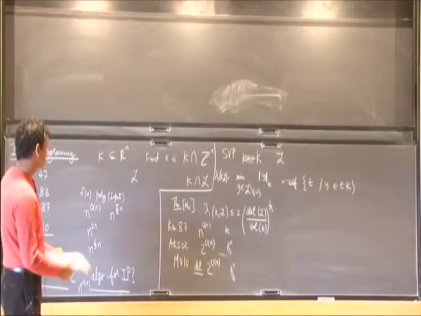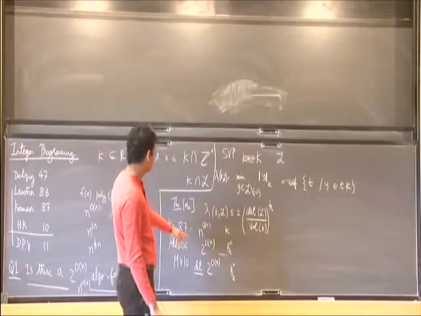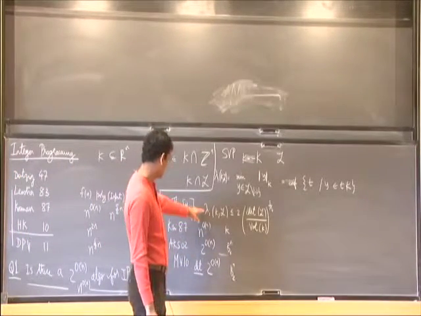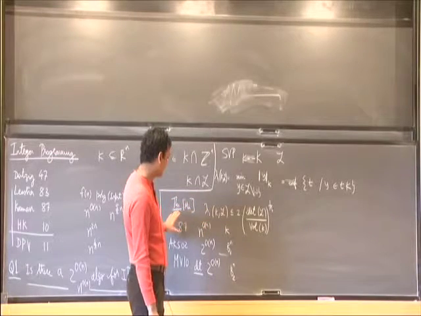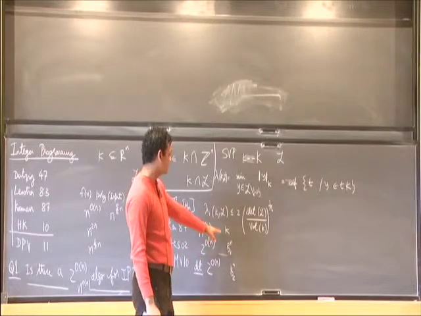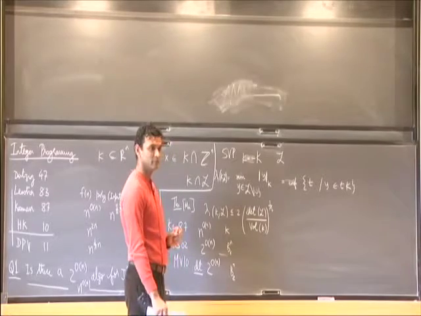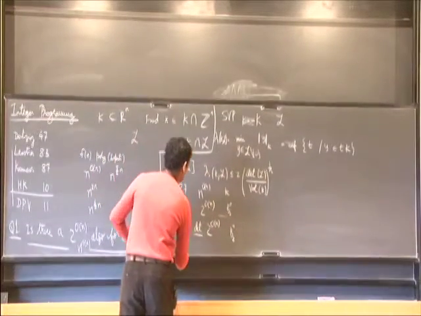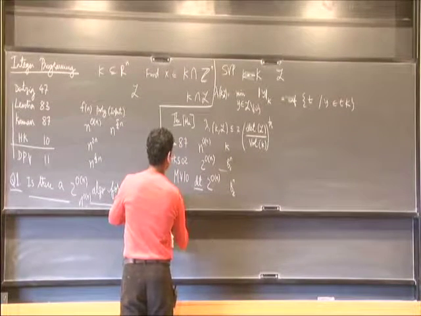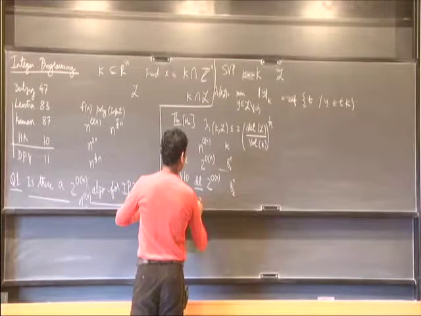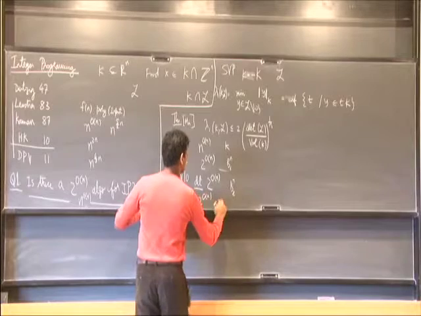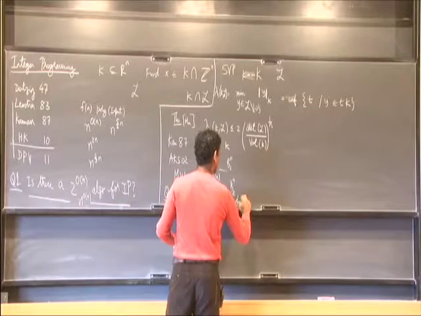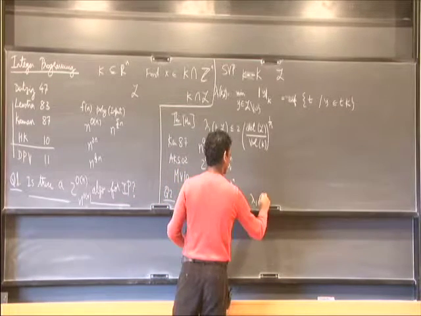So one question you can ask here is, can we solve the shortest vector problem, find lambda 1 exactly, in time 2 to the order n for arbitrary K, and deterministically? Question 2: a deterministic 2 to the order n algorithm for lambda 1 of K, L.